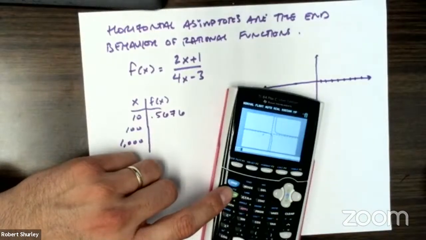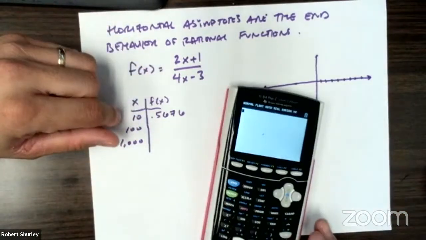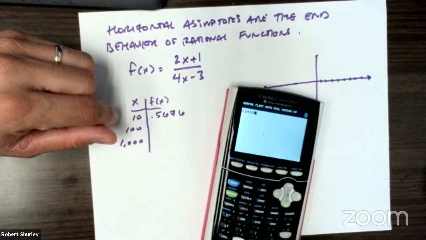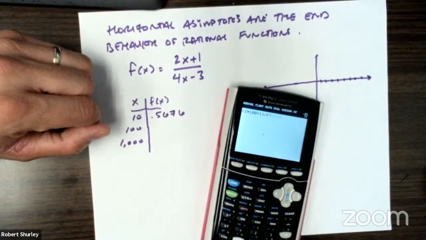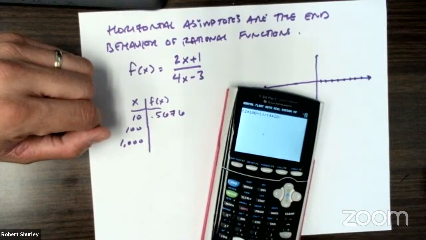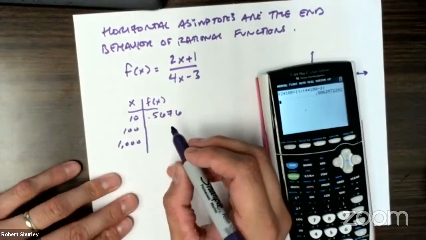Nope, it's because it's not on our graph. So I'm going to just put 100 into the equation. So 2 times 100 plus 1 divided by 4 times 100 minus 3. And I get back 0.5063.